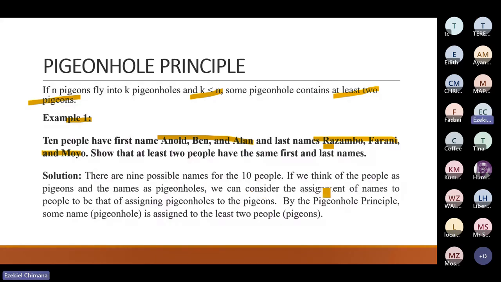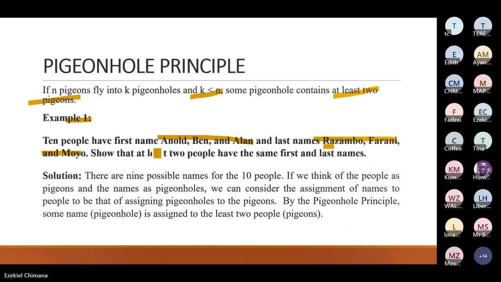Those ones, if you do it well, you will get 9. If we think of the people as pigeons and the names as pigeonholes, we can consider the assignment of names to people to be that of assigning pigeonholes to the pigeons. By the pigeonhole principle, some name pigeonhole is assigned to at least 2 people or pigeons.